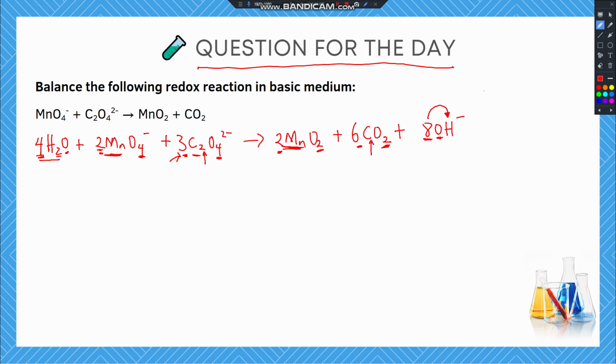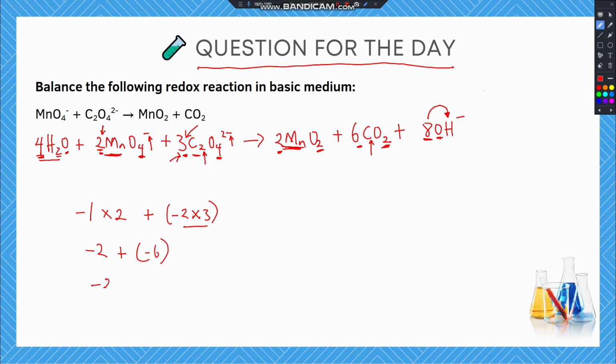So to check if charges are balanced, on the left hand side you can see there is a minus sign over here which signifies a charge of -1, and it has a coefficient of 2. So that becomes -1 times 2 plus. Over here we also have a charge of -2, and it has a coefficient of 3. -2 times 3 gives us -6.